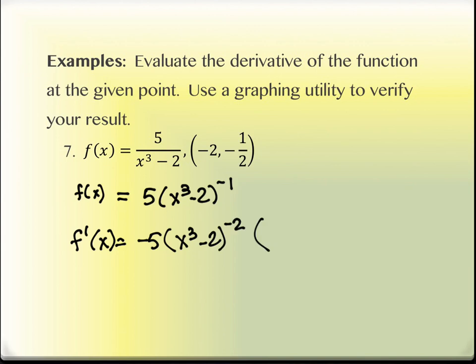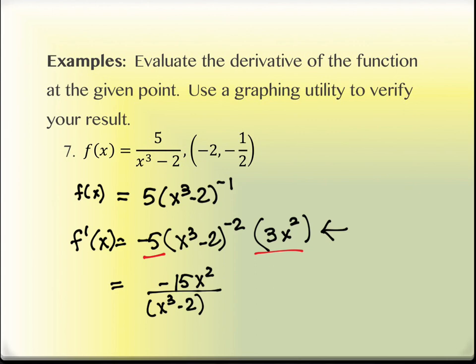And then we would take the derivative of the inside, 3x squared. Everything that's written to the power negative 2 can go back into the denominator, like so. And then the pieces that remain here at the end and the beginning can be multiplied to give me negative 15x squared. Now, you could certainly have stopped right here for the gateway, right?